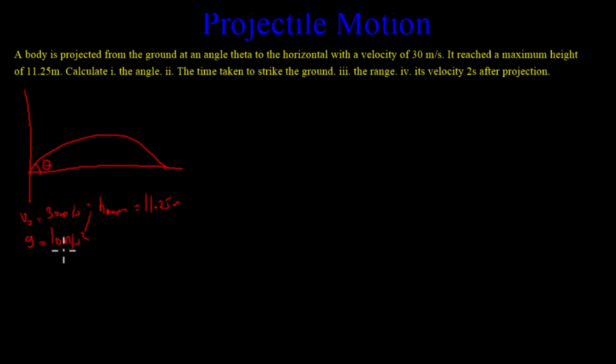All right, now, since we're looking for the angle, we can use the formula for our H max. Since we know what the H max is, we can try to equate the formula for our H max and then make theta the subject of the formula.